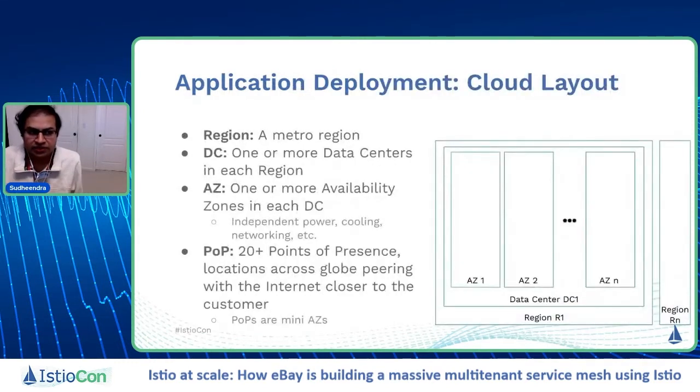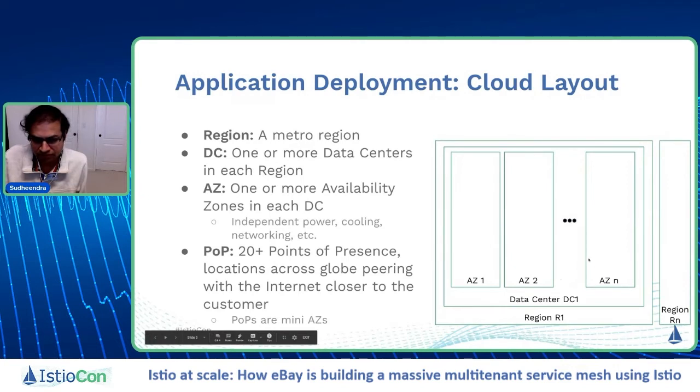eBay has an internal cloud in multiple data centers. The layout of our cloud is roughly as shown in the picture. We have multiple data centers across different geolocations, or what we call regions. In each data center, we have a number of availability zones, or AZs for short.